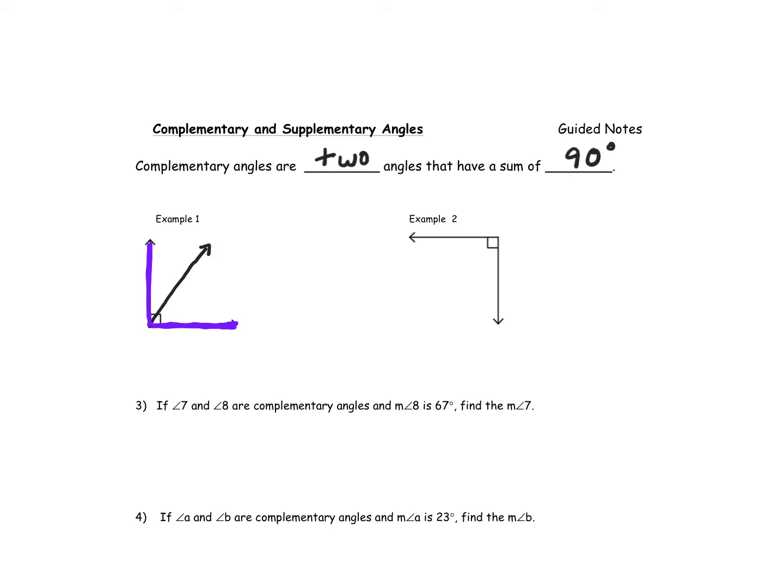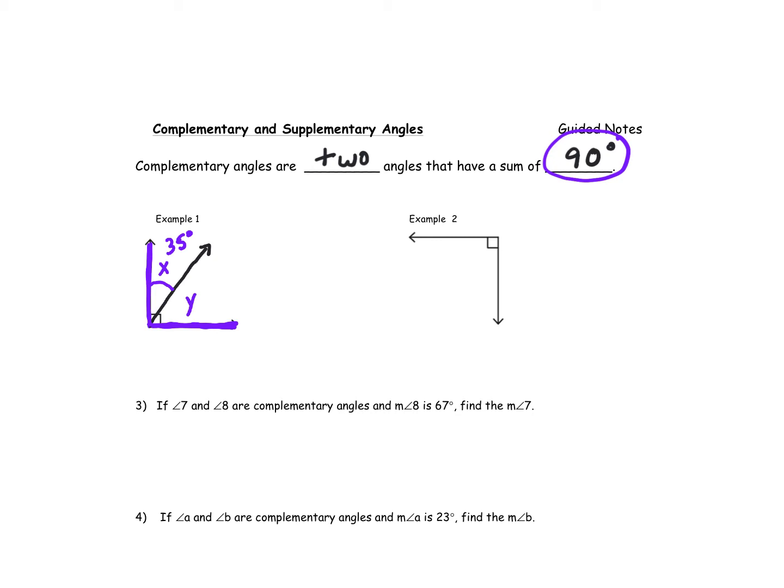So if we call this angle X, and we say that this is, let's make it 35 degrees, and we're given Y and want to know the degrees, we can use our knowledge that the two angles have a sum of 90 degrees. Now I'm going to ask you to please write this as an equation, and there are reasons for this in the future. We're going to have more than just 35 and a variable.